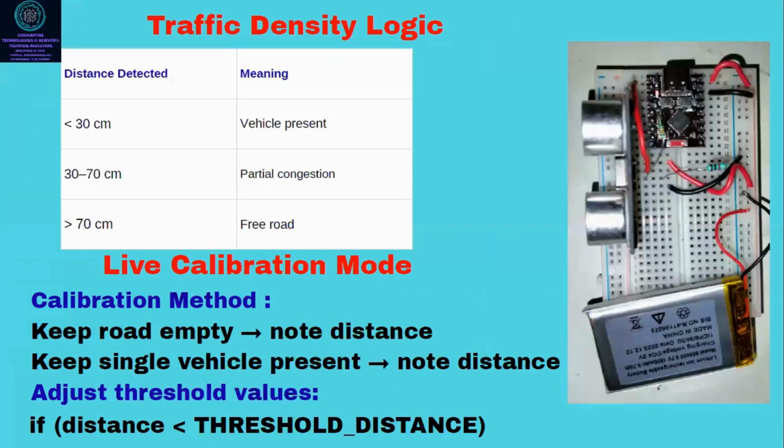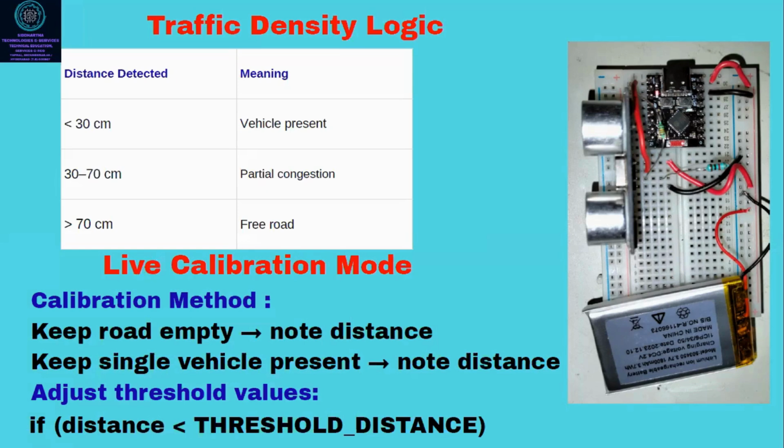Okay, right. Now let's go into a little detail about the prediction part, that is the AI part. First of all, you should understand what traffic density is. You can change this value in the codes, which I will be sharing with you. If the distance detected is less than 30 centimeters, this is only a prototype, please remember, it means a vehicle is present.